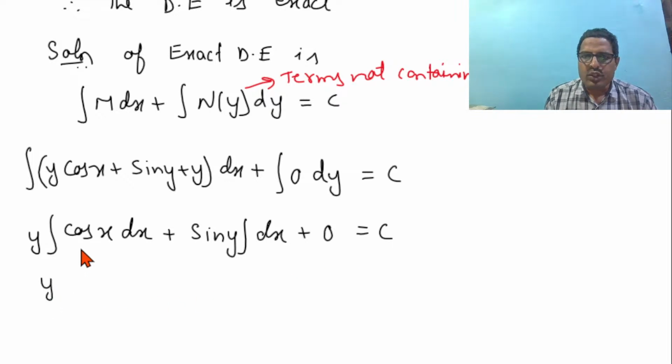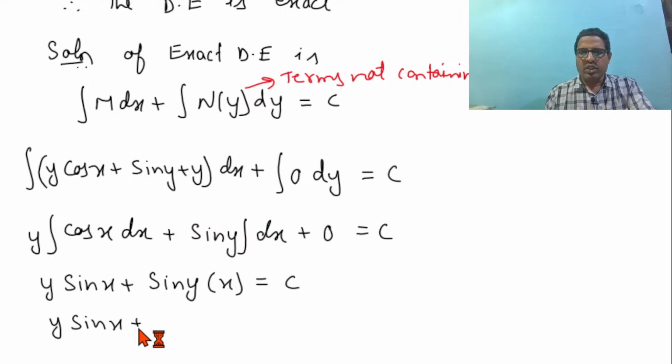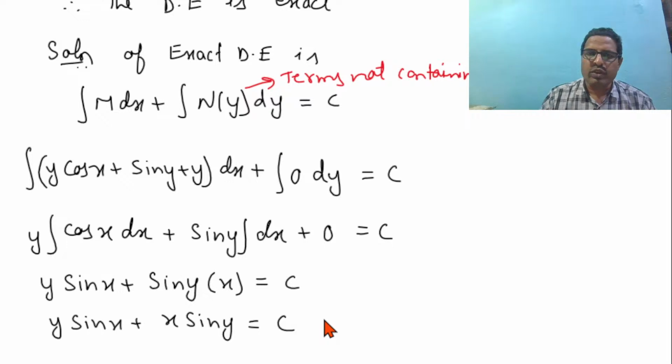So it is y into the integral of cos, which is sin, so we get y sin x plus sin y into the integration of dx, which is just x. You can ignore 0, is equal to c. Or if you rewrite this, that becomes y sin x plus x sin y is equal to c. So that is the required solution we have.